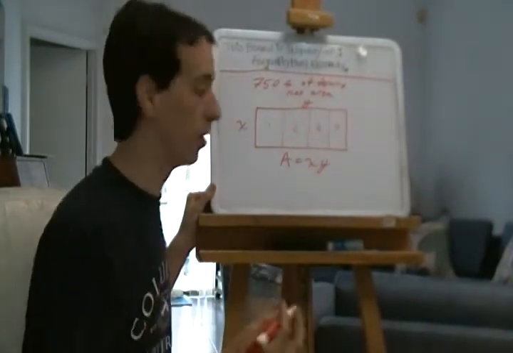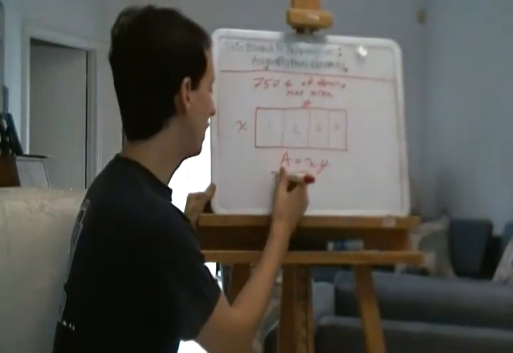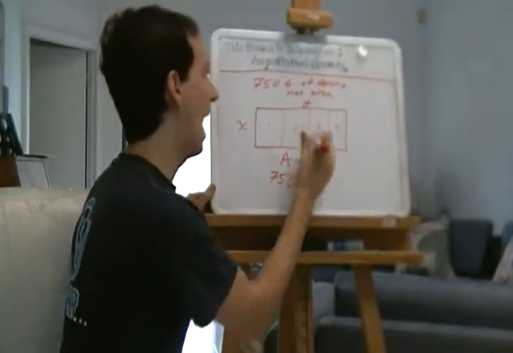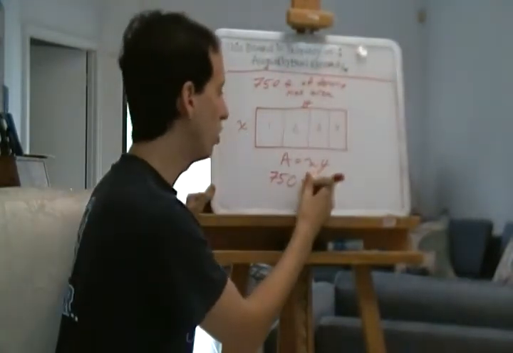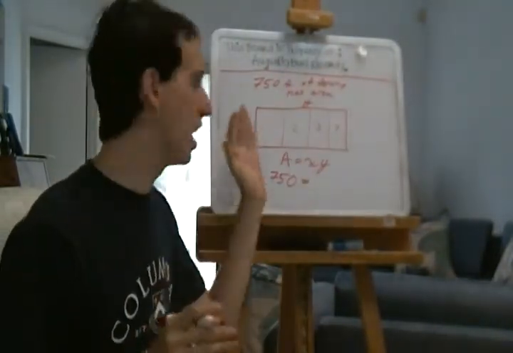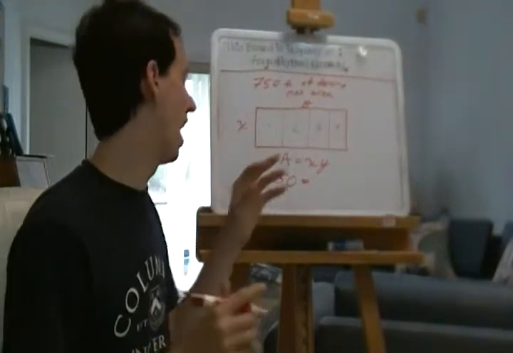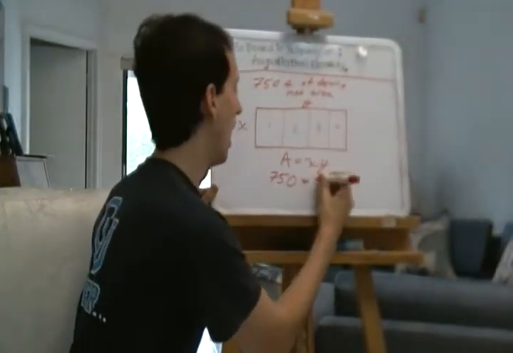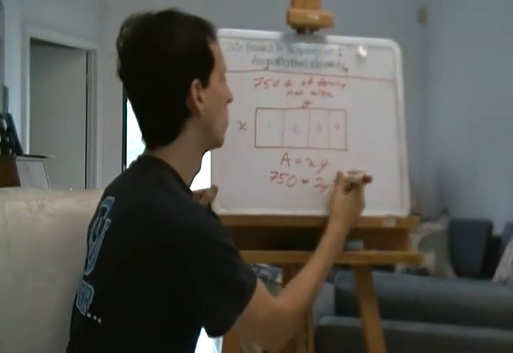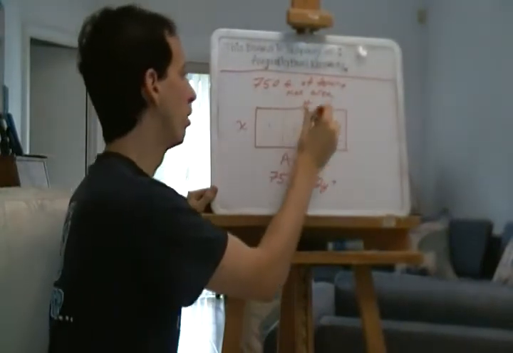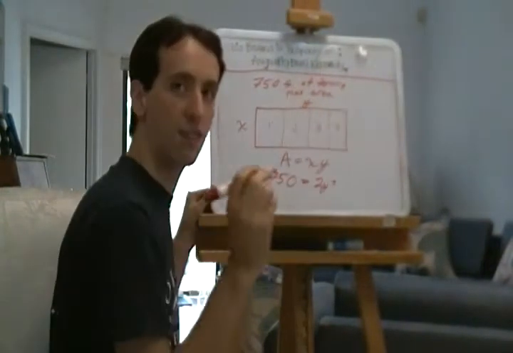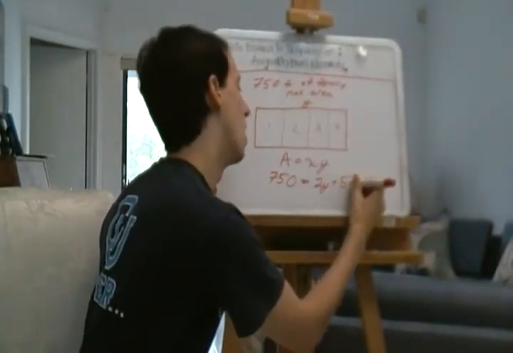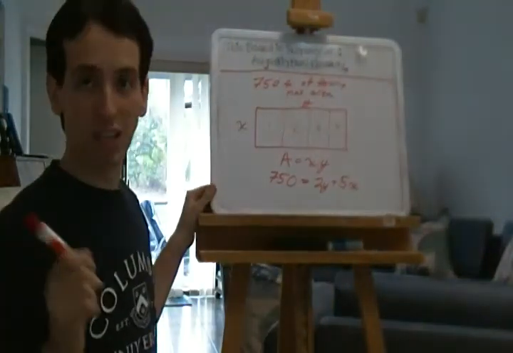We do have perimeter. Because 750, the amount of fencing that he has to use, is going to equal the sum of all the sides. So that's 2y plus 1, 2, 3, 4, 5x. And now we've got something we can use.